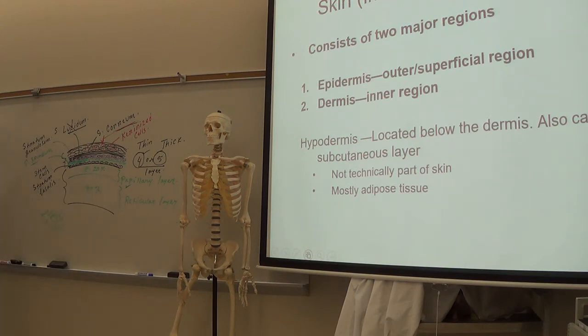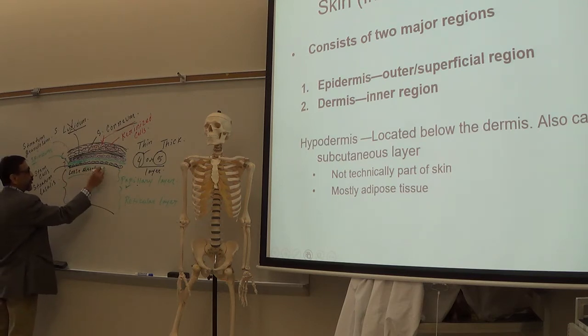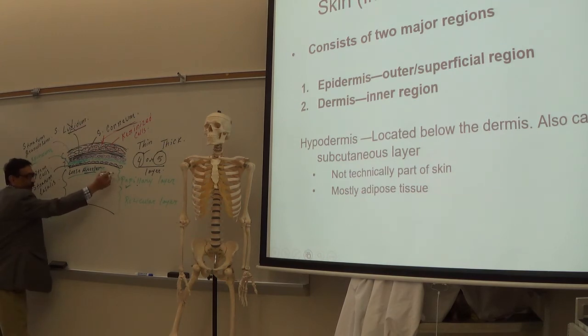That is one thing. Another very important information, definitely I will ask in the exam, that outer papillary layer is loose areolar. How many of you remember this? Loose areolar type connective tissue, remember that? You saw it under the microscope, right? Loose areolar type connective tissue forms the outer papillary layer.